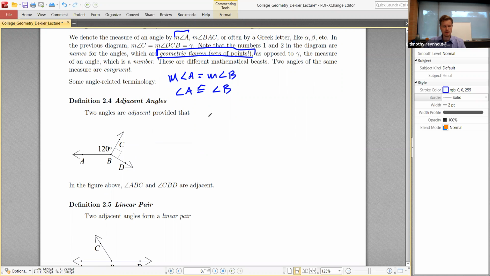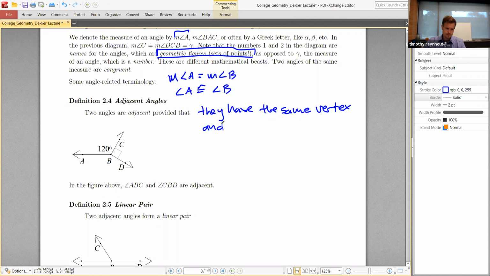So two angles are adjacent, provided that they have the same vertex. That's not quite sufficient.